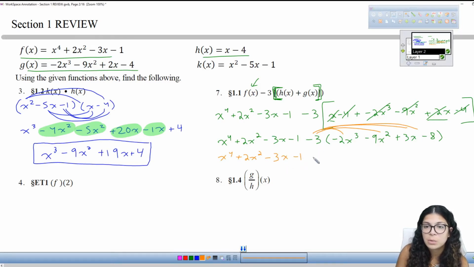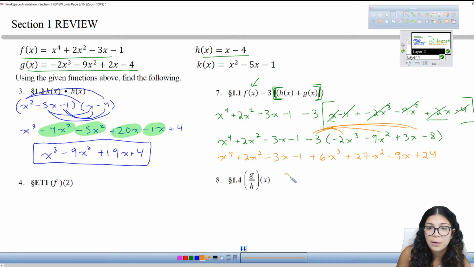Negative 3 times negative 2 is positive 6x cubed. Negative 3 times negative 9 is positive 27x squared. Negative 3 times positive 3 is negative 9x. And then negative 3 times negative 8 would be positive 24. Okay, last step is just combine whatever I can.